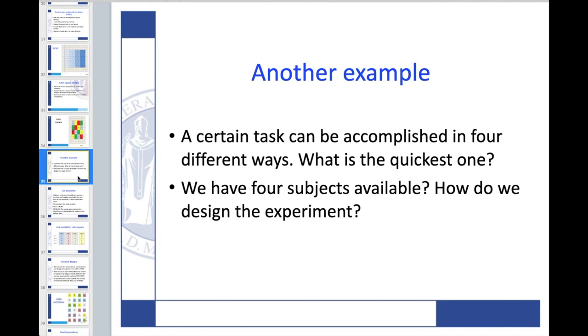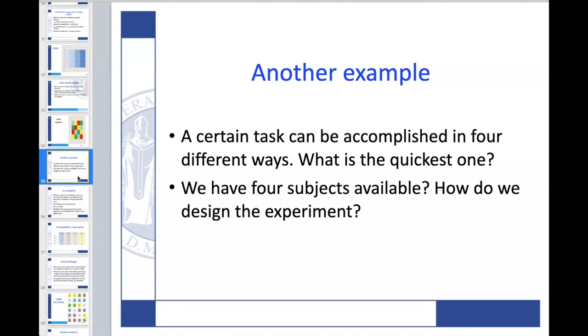Okay, is that clear? I mean, a certain task might be plowing a field or whatever. It might be a task like writing some sentences or whatever. We have 4 ways to do this task, and we have to decide which is the quickest one.